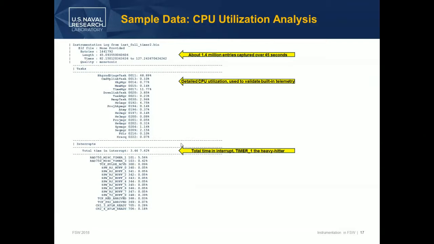Now, these are the task utilizations after interrupt. In this particular system, the interrupts were pretty heavy on us, so we're using 7.6% of the system processing interrupts. So this is the CPU after that. We'll get back to this high interrupt usage in a couple of slides.